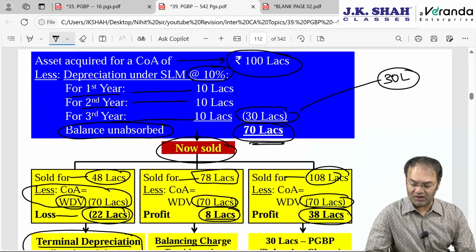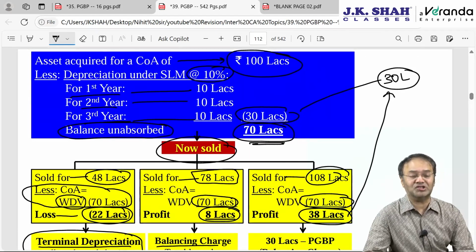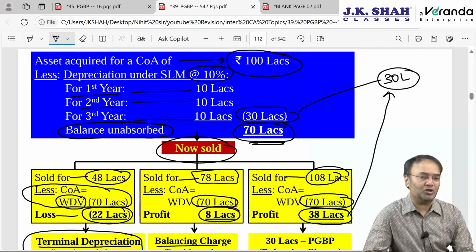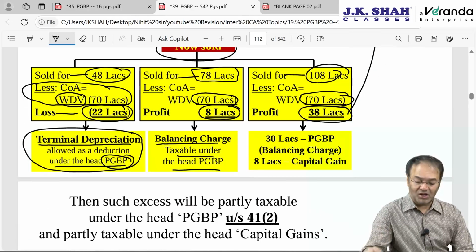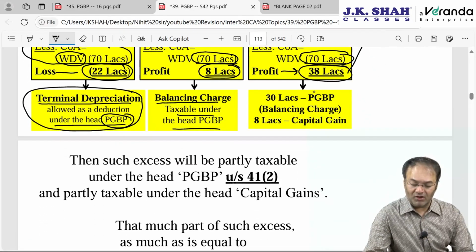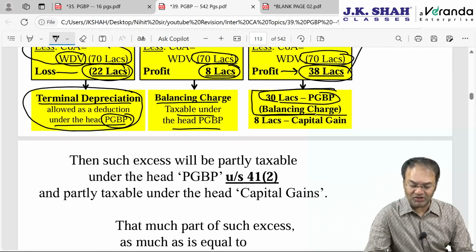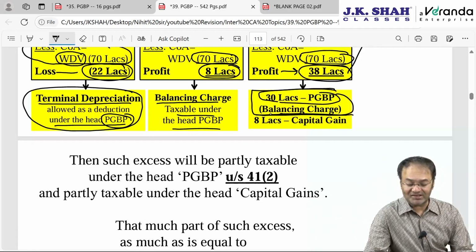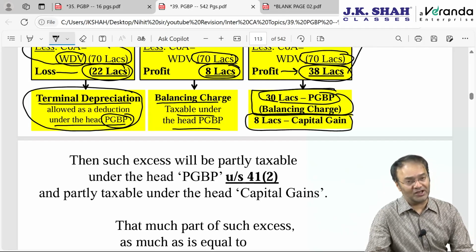Out of 38 lakh, to the tune of whatever was claimed as depreciation under section 32(1) clause 1, that much, the first 30 lakh of profit, will be called balancing charge and will be taxable under PGBP, and the balance 8 lakh excess profit will be taxable under capital gain.